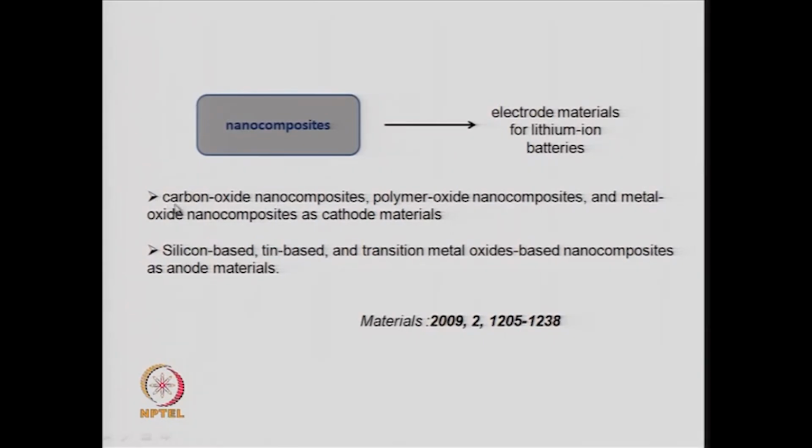People have made use of nanocarbons, so it may be carbon nanotubes, or it can be fullerenes with some metal oxide, retaining the properties which you require for a good electrode material, like good conductivity, good recycling properties and low thermal expansion, etc.